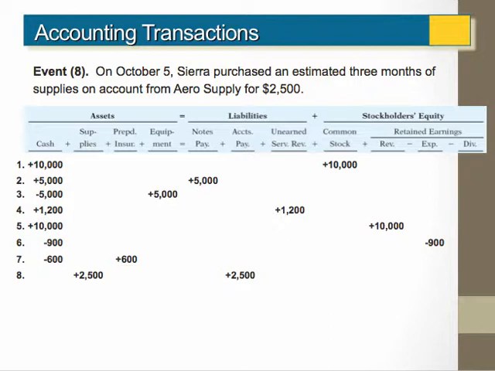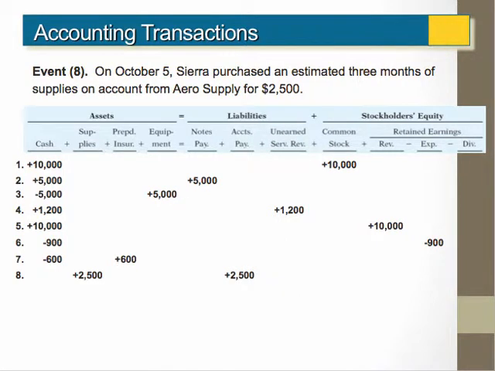So because of that, we owe $2,500 to Aero Supplies. In exchange for that, we receive supplies that will take a while to use up. So we don't recognize it as an expense because we haven't used it for the normal operations of the company. We're going to be using it later. So we recognize that it's an asset.